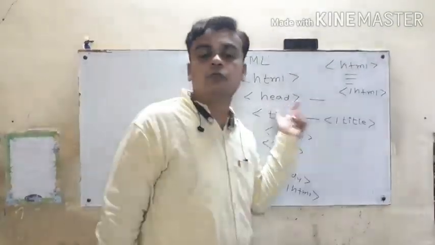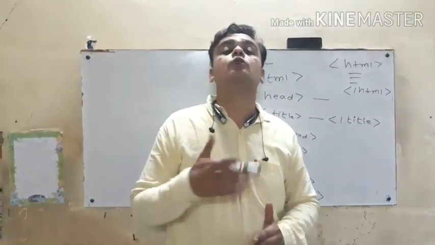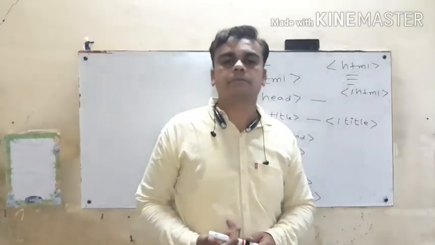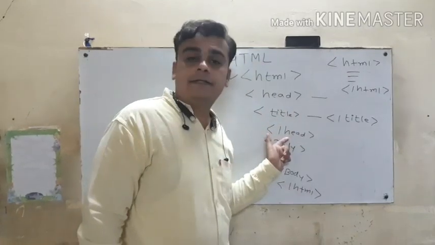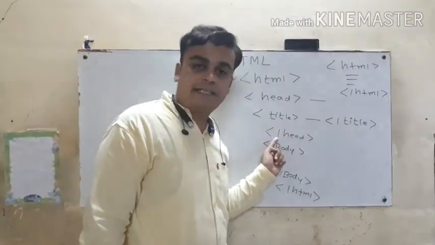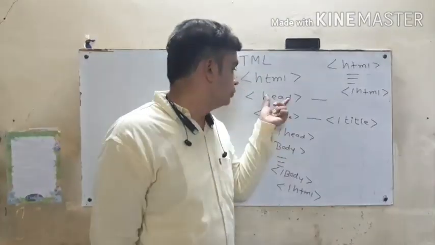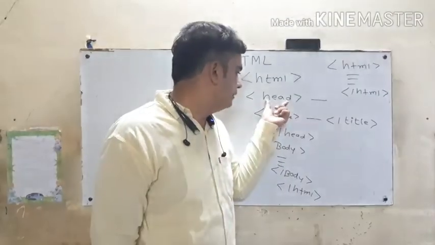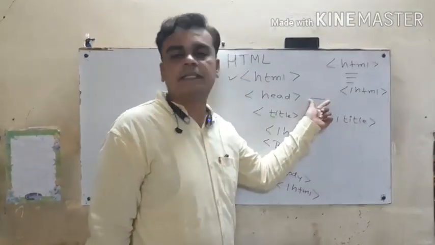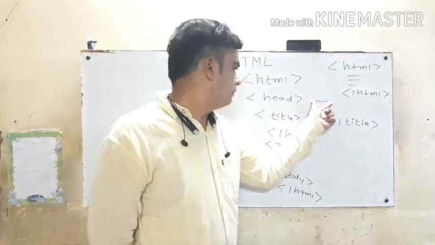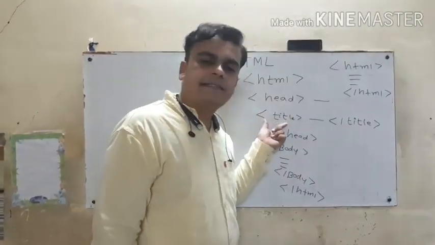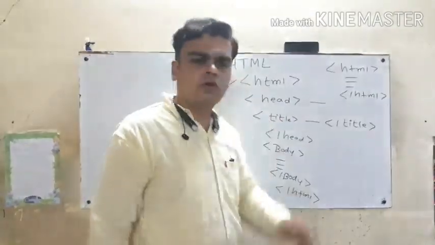Then my next tag is the head tag. This head tag is used to give a suitable heading to the document, and it is also a pair tag, so it is represented by slash head, and the actual information, means the heading, should be given in between head and slash head tag. Thereafter, my next tag is the title tag. So what is the role of the title tag?